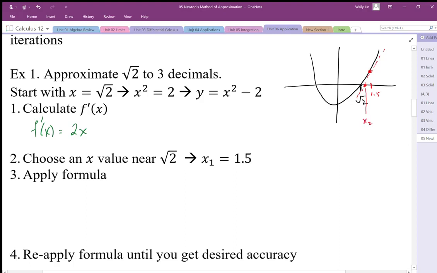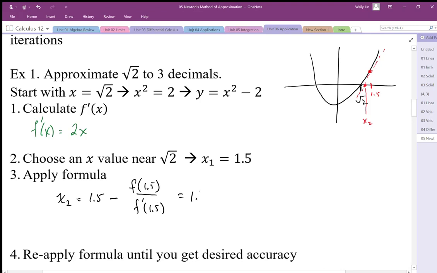So let's apply the formula here. It's going to look like this. It's going to be our x1. Let's do this in black. So x2 is equal to 1.5 minus f of 1.5 over f prime of 1.5.